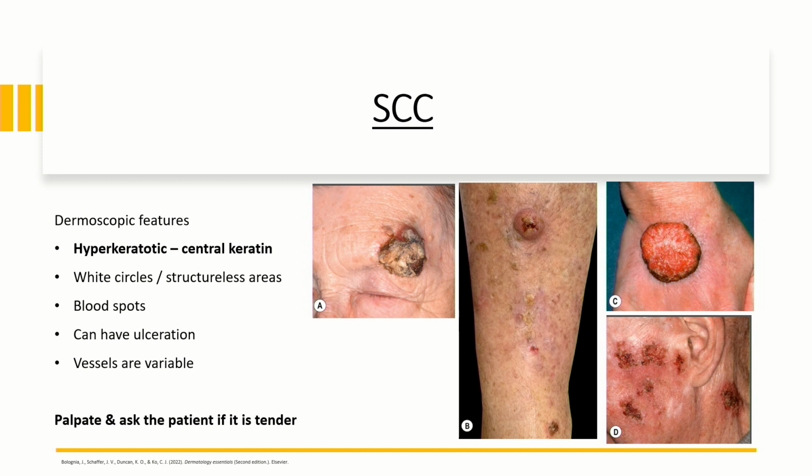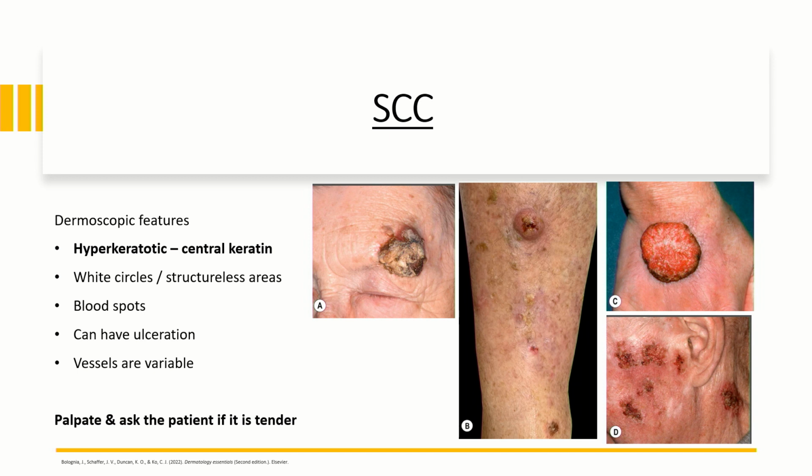Again, with this one and with all, melanoma is normally not painful, but with other non-melanoma skin cancers, sometimes it can be hard. You don't know if it's a scratch, a sunspot, or an SCC. Just palpate it and ask if it's tender.